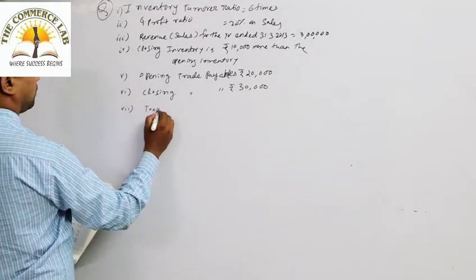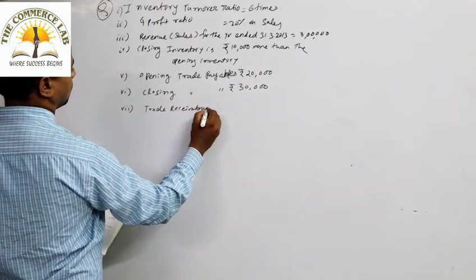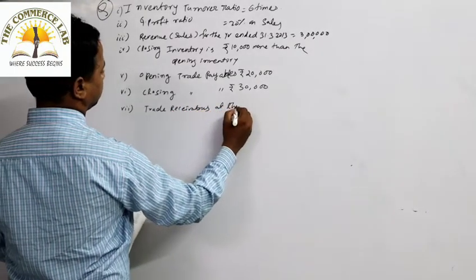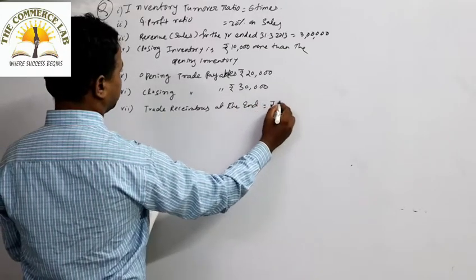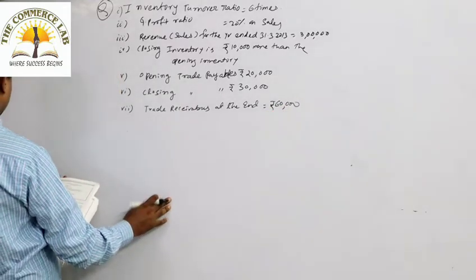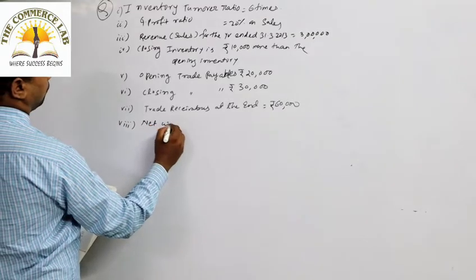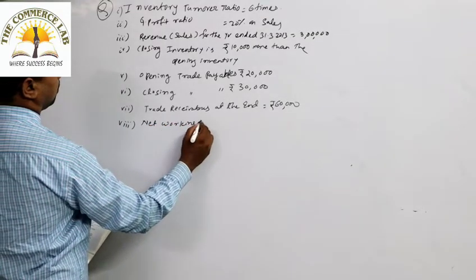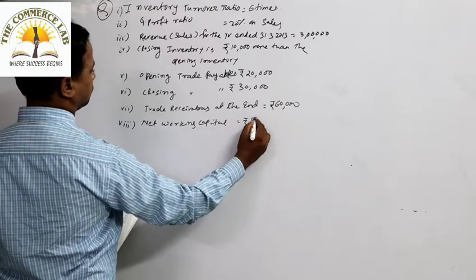Then trade receivables at the end are rupees 60,000. Then net working capital is rupees 50,000.